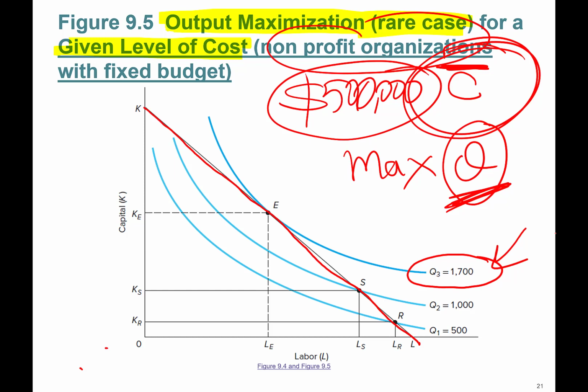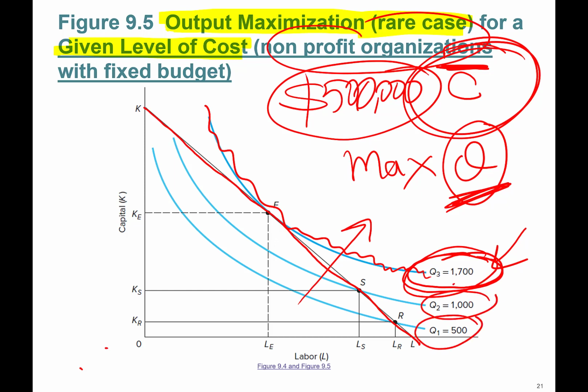So in this case, we're trying to find the isoquant, blue isoquants, and I'm trying to go to the highest isoquant because I want to produce the maximum. I want to say the maximum number of animals, 1700 versus 1000 versus 500. Okay, because I can spend the same money but only save 1000 animals.